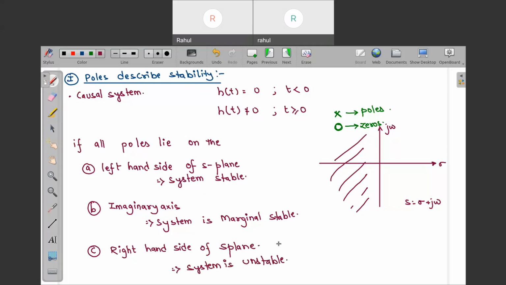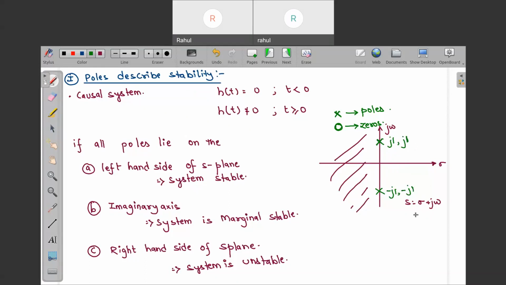And one more thing: if you have repeated poles on the imaginary axis, that means you have one set of poles over here, let us assume, at j1 and minus j1. Always remember, poles exist in conjugate pairs. If there is one more set of poles over here only, then such a system is also unstable.